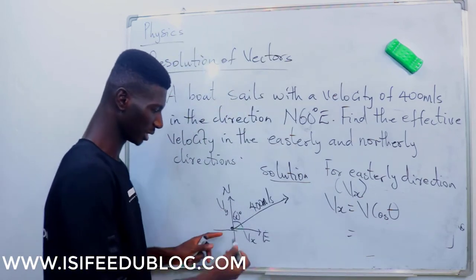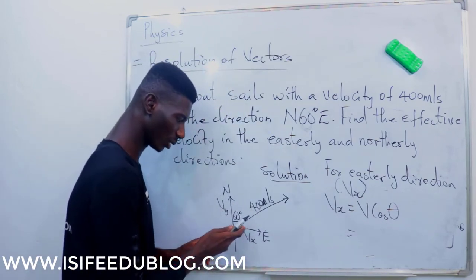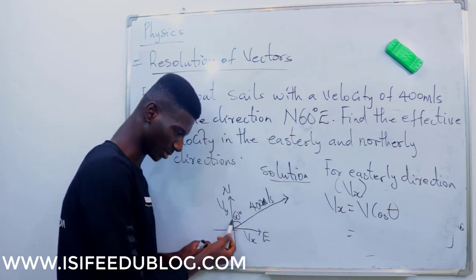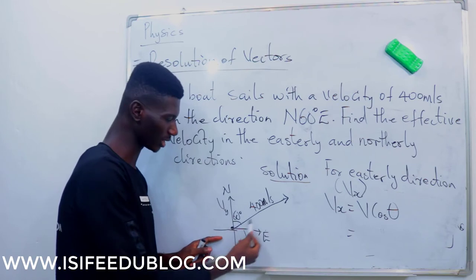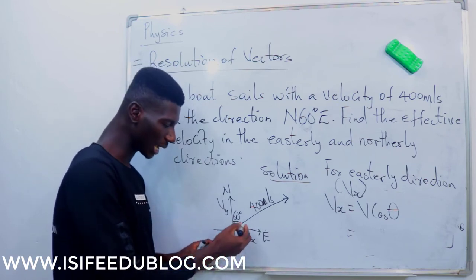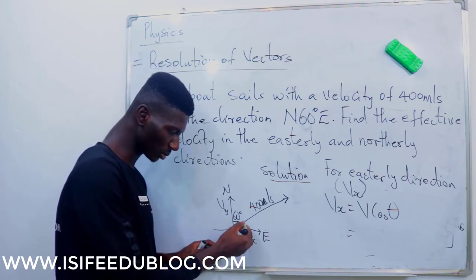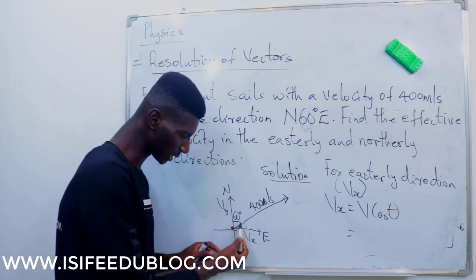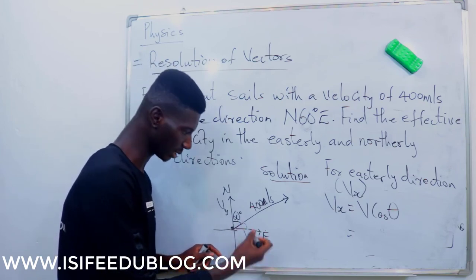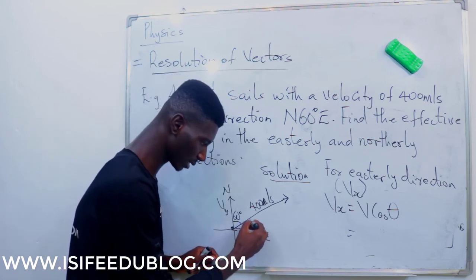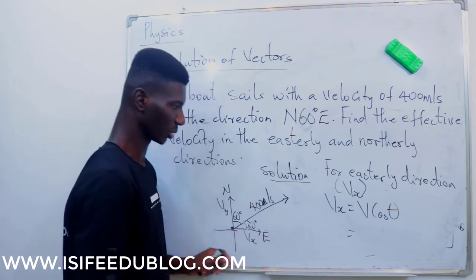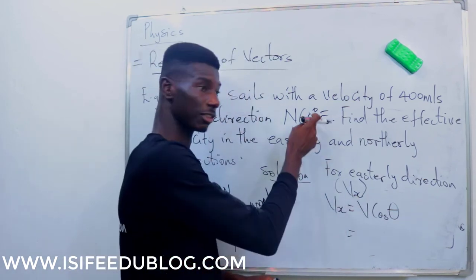Be very careful. This is where students always get it wrong. Theta is not the angle the resultant makes with the vertical, but the angle the resultant makes with the horizontal. This is our horizontal. So if this is 60 degrees, the total is 90, so what is left here is 30 degrees.